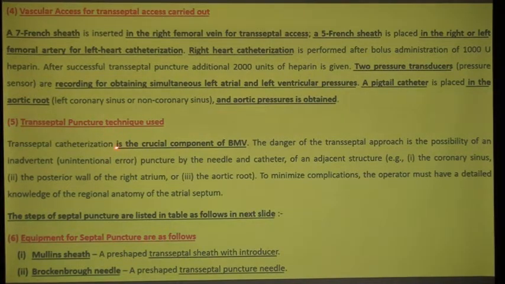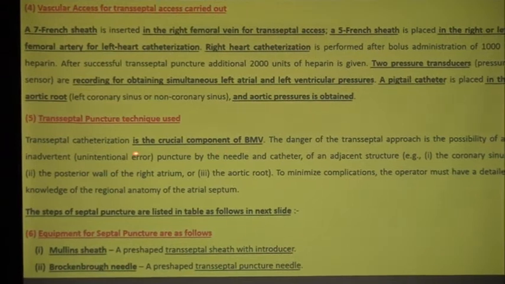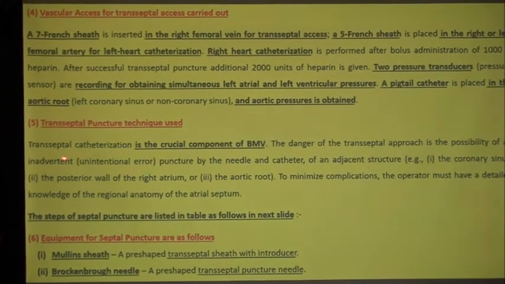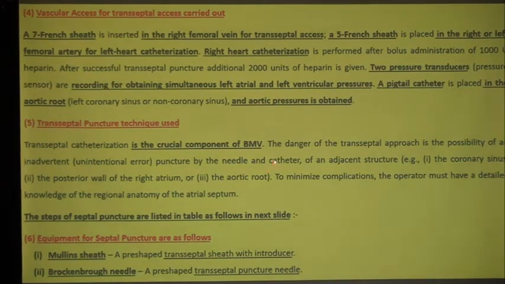What is that technique? Transseptal catheterization is a crucially important component of balloon mitral valvuloplasty. The danger of the transseptal approach is the possibility of an inadvertent, unintentional puncture by the needle and catheter of an adjacent structure.